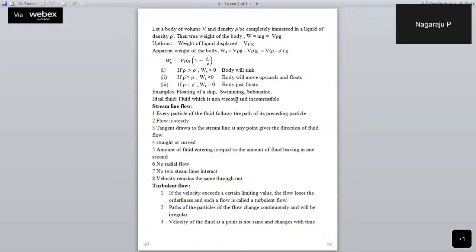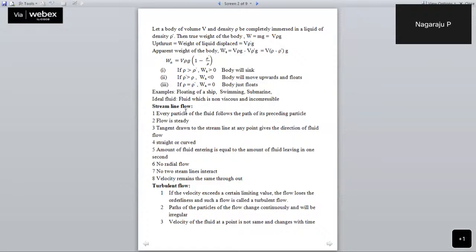Like that, if the liquid is incompressible, that means if you apply pressure on it, it doesn't shrink, then we call it incompressible, and it is non-viscous. When we discuss viscosity, we will understand more about the viscous force, which we also call the opposing force.